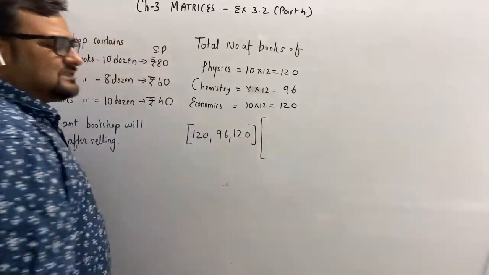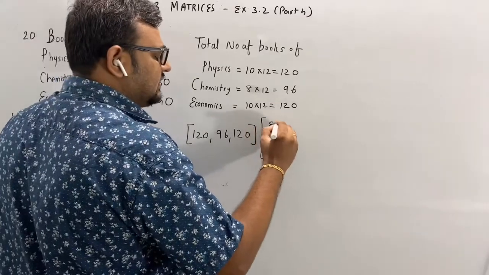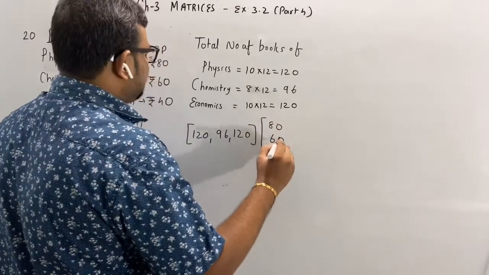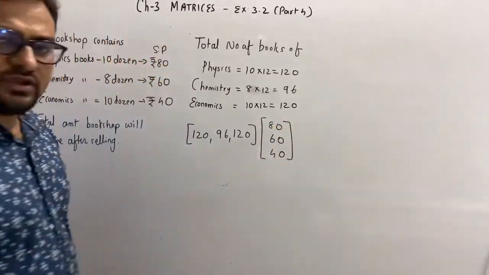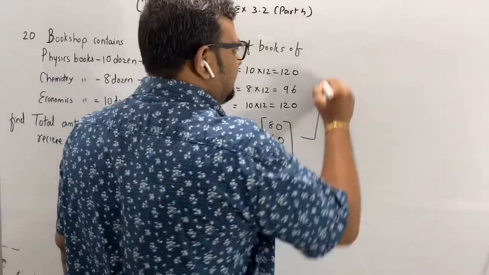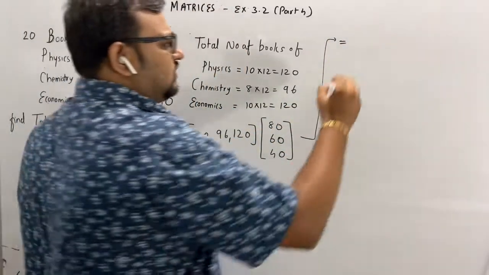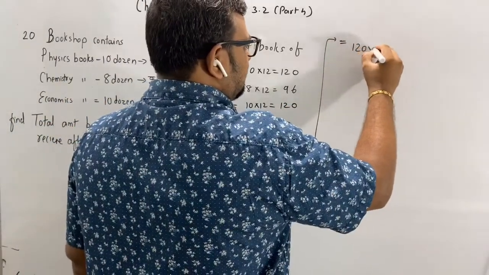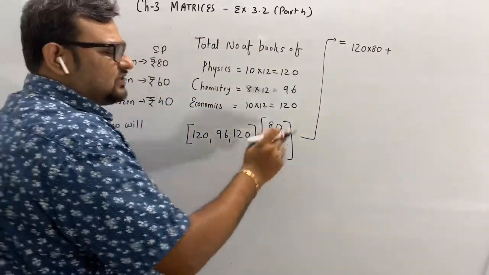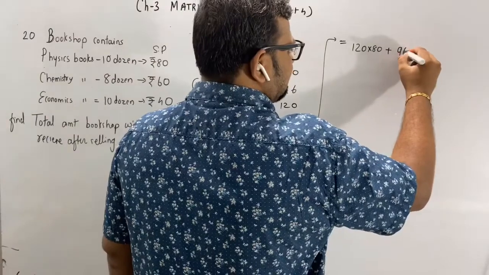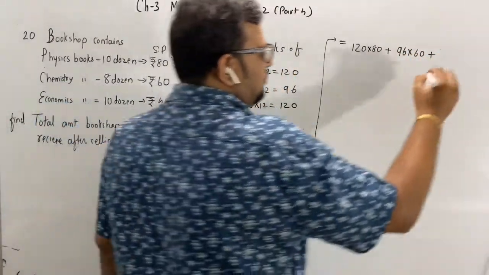And the selling price, this will be equal to 80, 60, and 40. Okay, so this will be equal to 120 into 80 plus 96 into 60 plus 120 into 40.